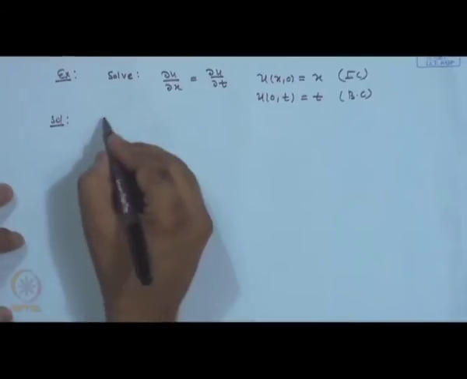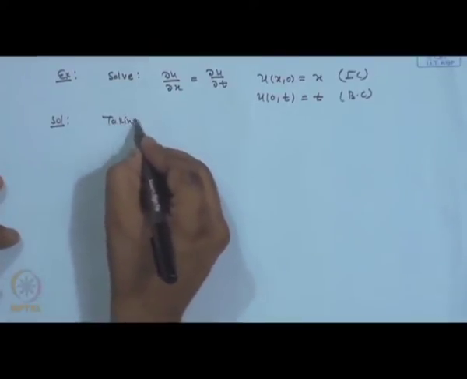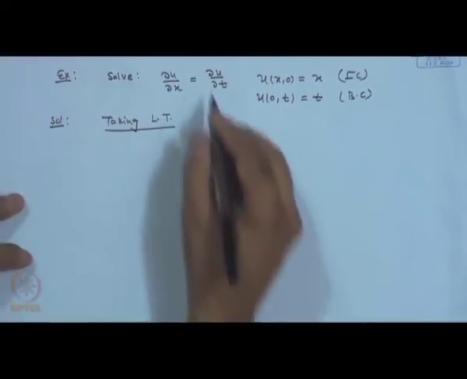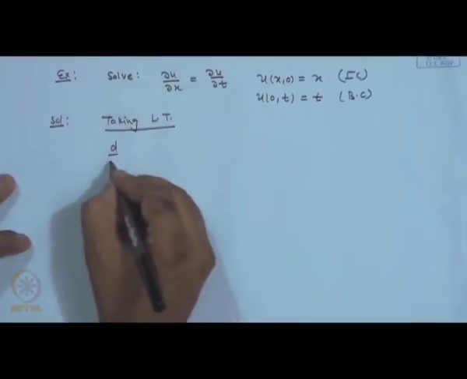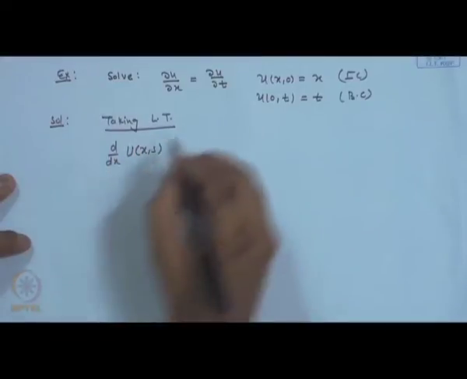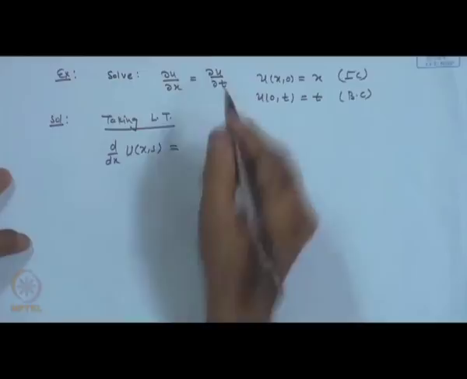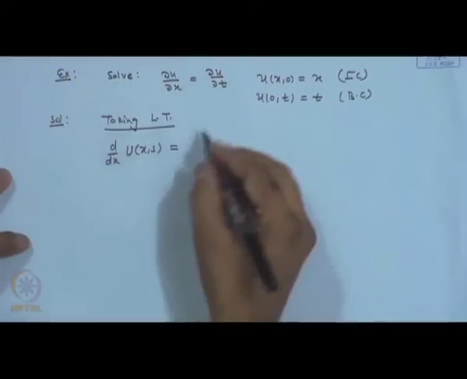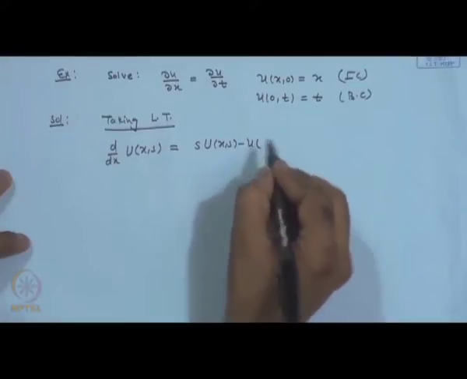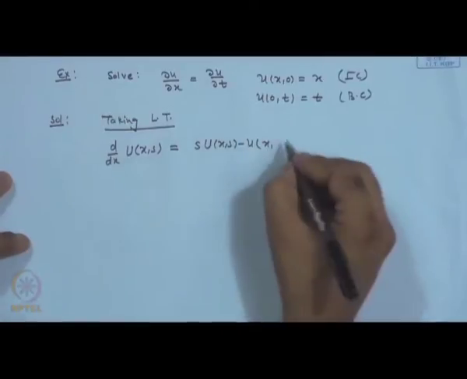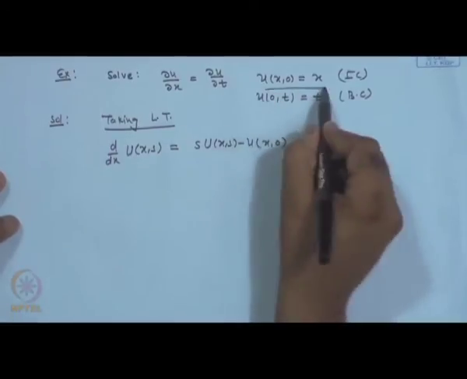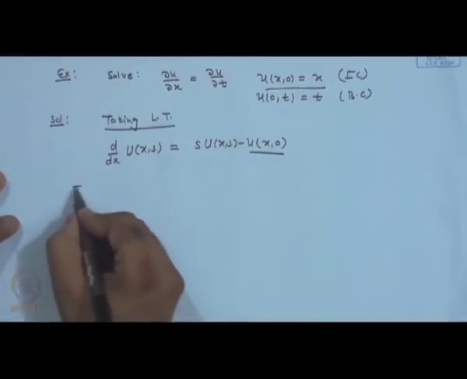So, we take the Laplace transform on both sides. What we get here is d over dx of the Laplace transform of u, which we can denote by U(x,s), and we have here the derivative theorem: s U(x,s) minus u(x,0). So, this u(x,0) is given as x.